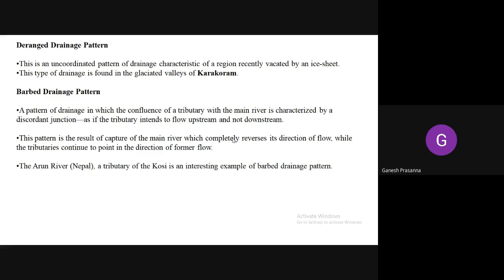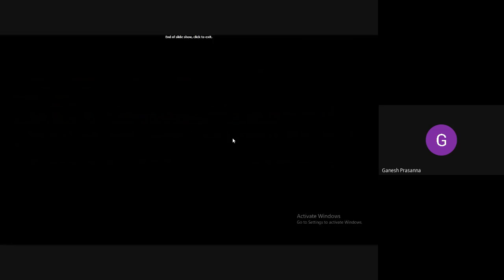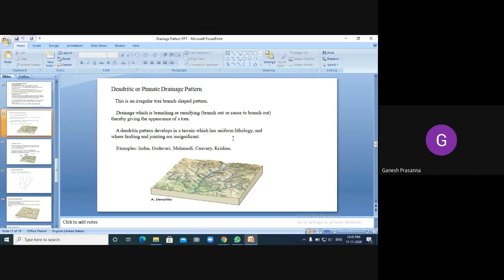This pattern is a result of capture of the main river, which completely reverses its direction of flow, while the tributaries continue to point in the direction of the former flow. The Arun river in Nepal, a tributary of the Koshi river, is a very good example of a barbed drainage pattern. That completes the drainage patterns.